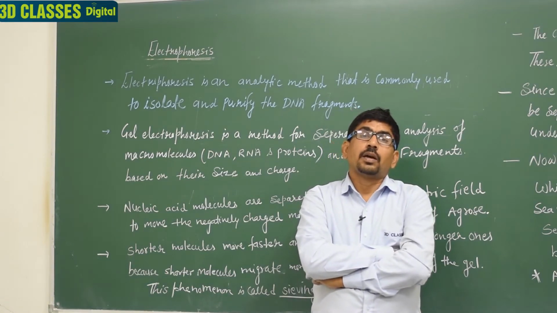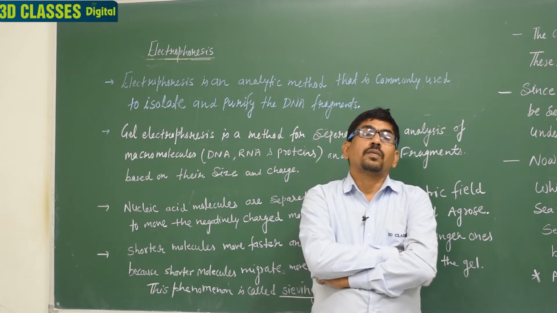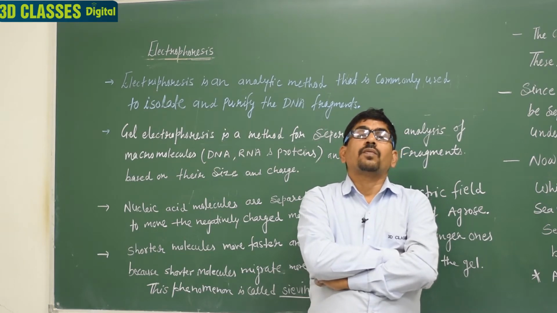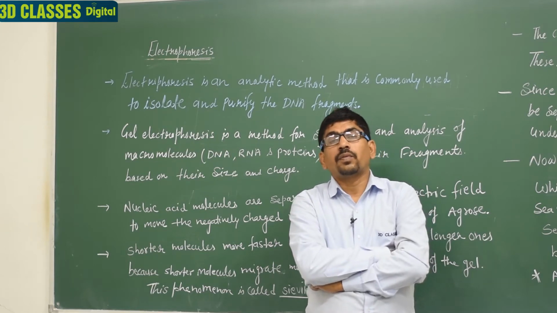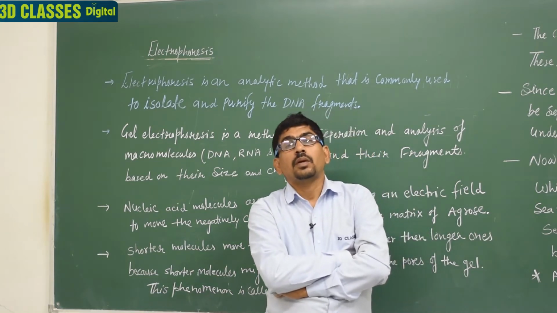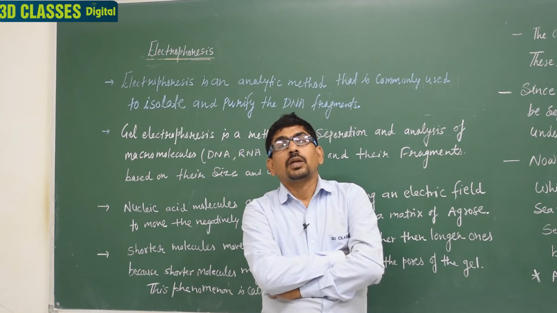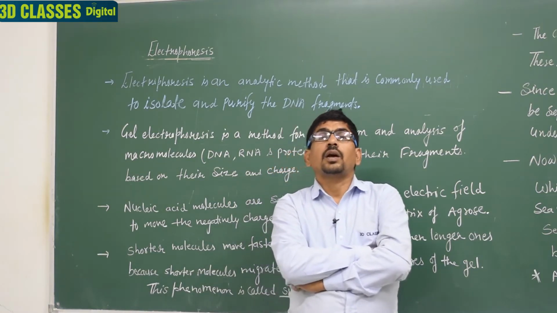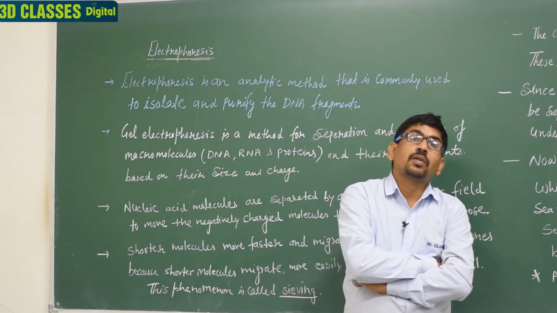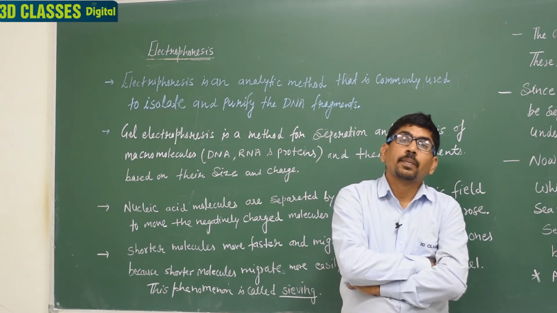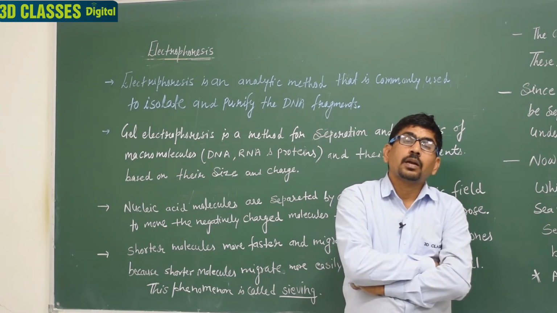After the formation of fragments, it means our DNA makes fragments due to RE enzyme digestion. These fragments are of different lengths, and out of these fragments we search for our desired DNA. Clear?